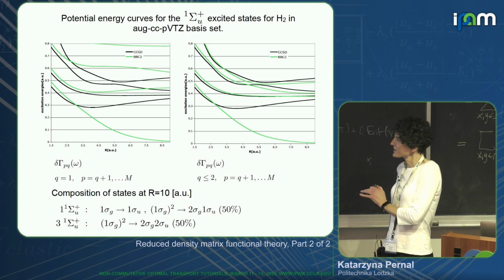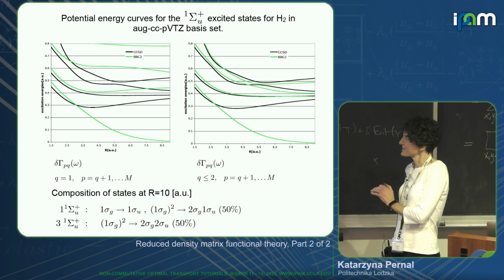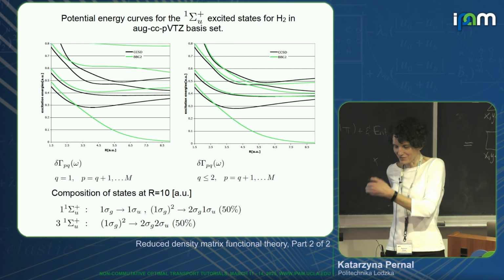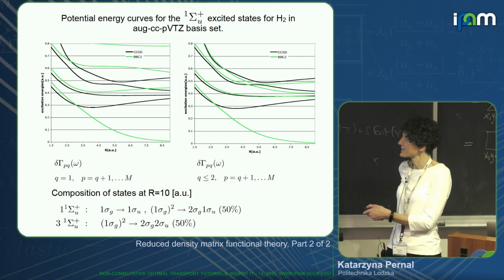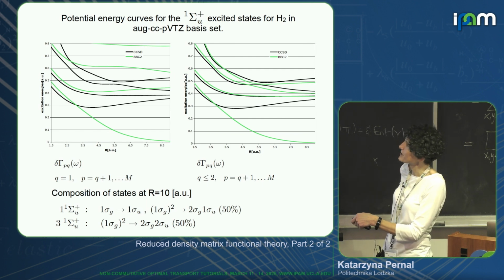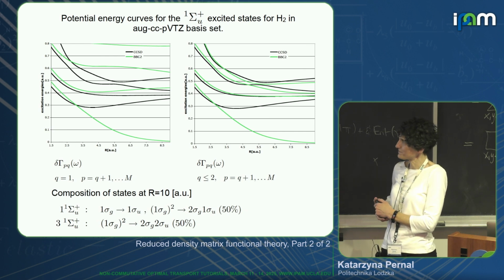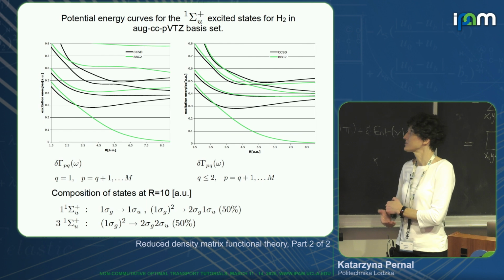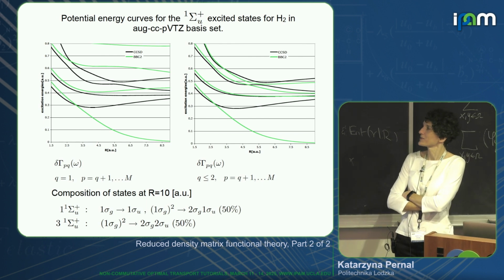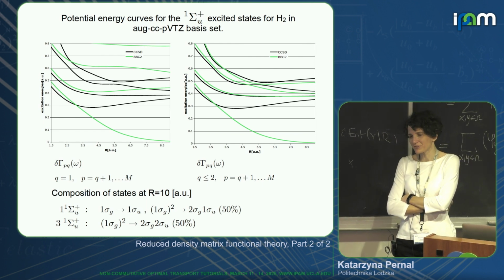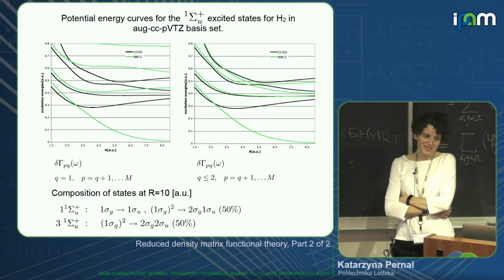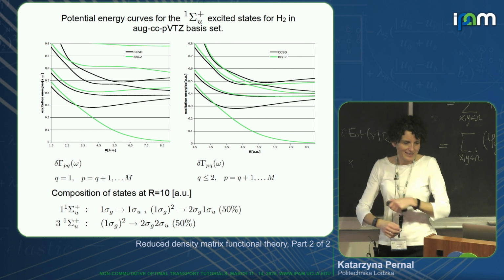So I think it's fair to say that the advantage of TD-DMFT over TD-DFT, time-dependent density functional theory, is for cases where we have some strong correlation of the electrons. Then we could hope for more accurate results, but they would be less accurate than the results from wave function theory. So I don't know.